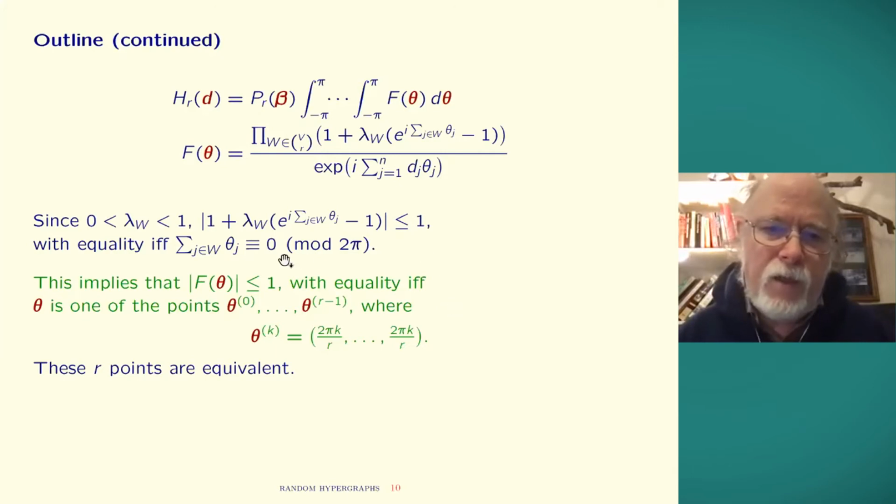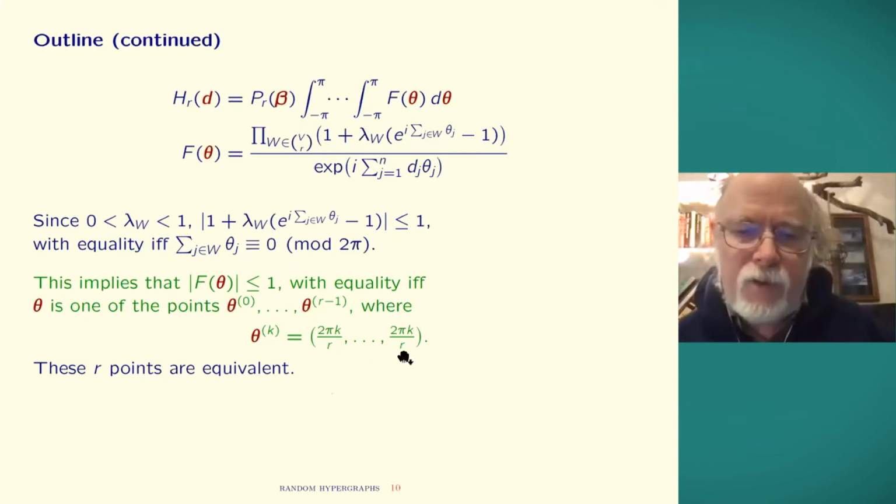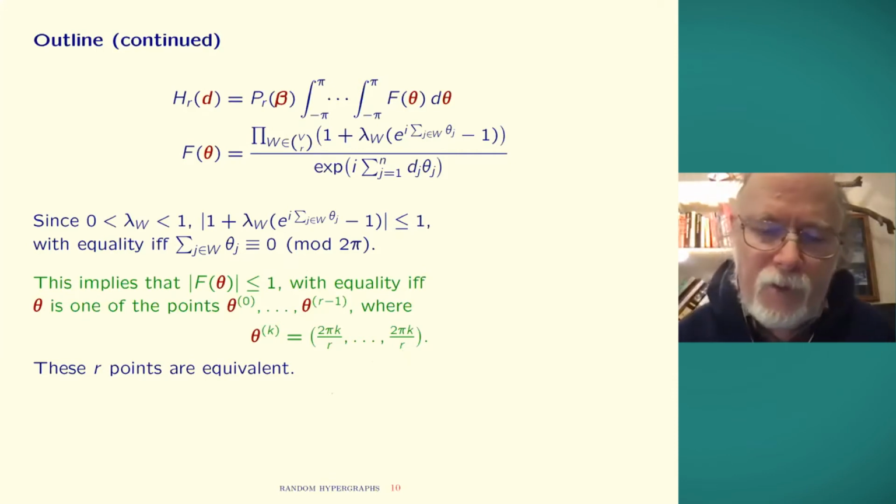And putting that together for every w, you find that there's exactly r points of concentration. So the integrand is always less than or equal to 1 in absolute value, and it's got equality if and only if theta is one of r points, and these points are when all the thetas are equal to some r-th submultiple of 2 pi.